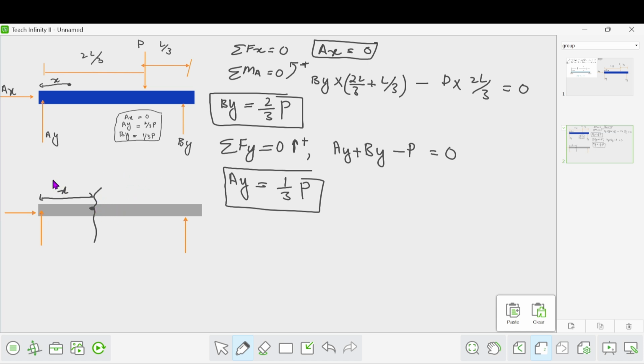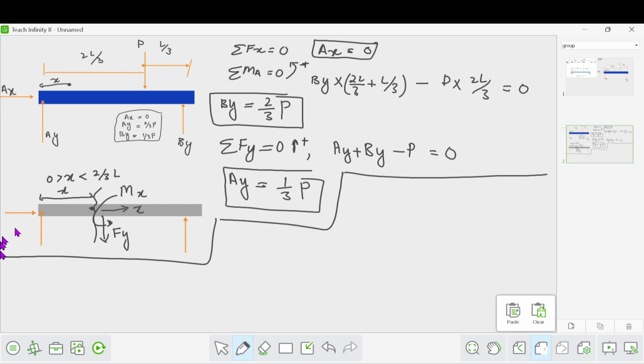So this X is greater than 0 and less than 2 divided by 3 L. What will be this Fx, and what will be this Fy, and this will be the moment, anticlockwise rotation, moment Mx. At this region I will use again summation of horizontal forces, vertical forces and moments to find at this X region the moment Mx and force Fy.